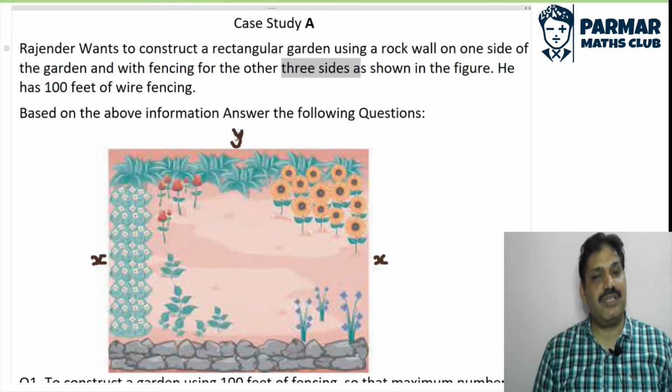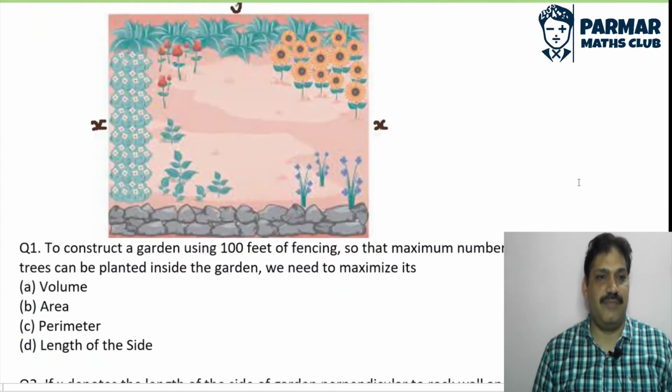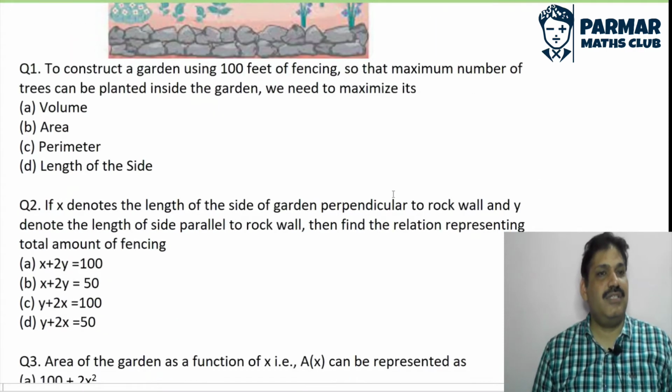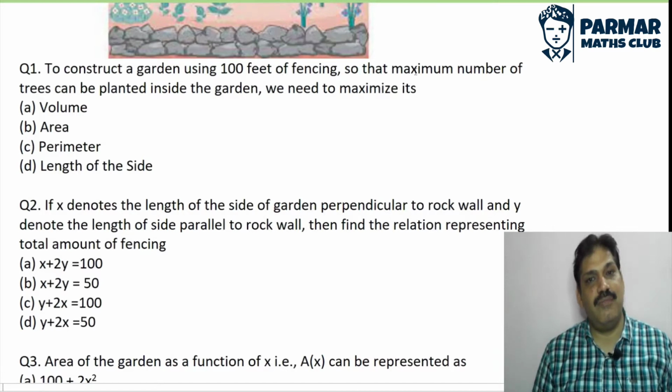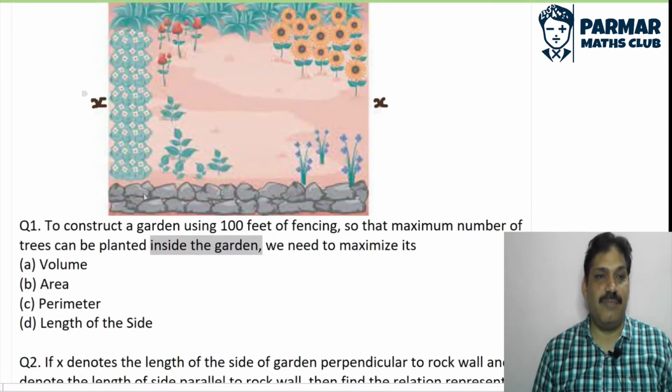Again, we'll read the full question out so that we can understand the problem properly. The first question is to construct the garden using 100 feet of fencing so that the maximum number of trees can be planted inside the garden. This gives us a hint that the trees are not to be planted on the perimeter. They are to be planted inside the garden.